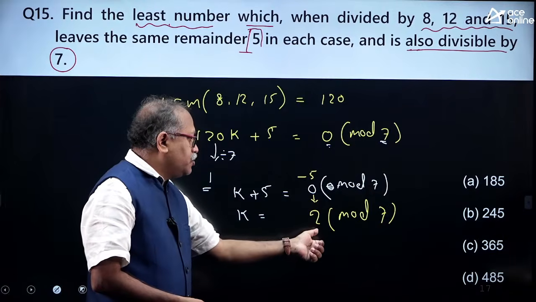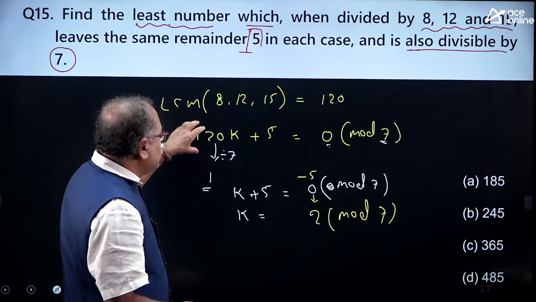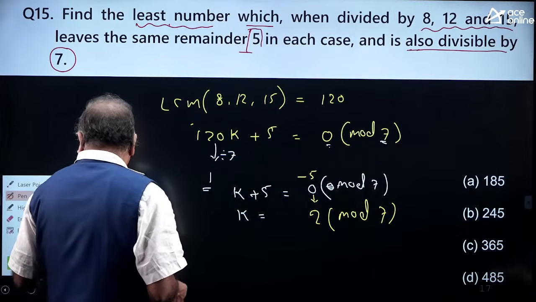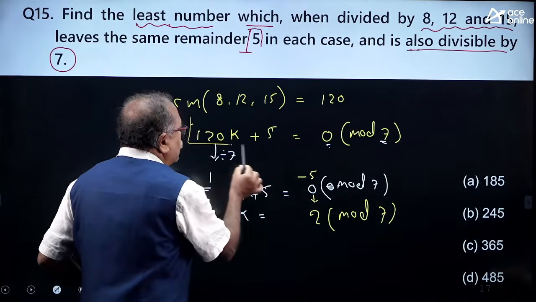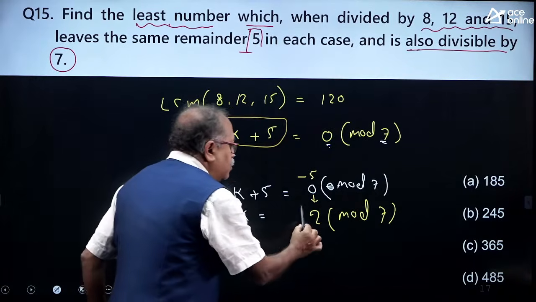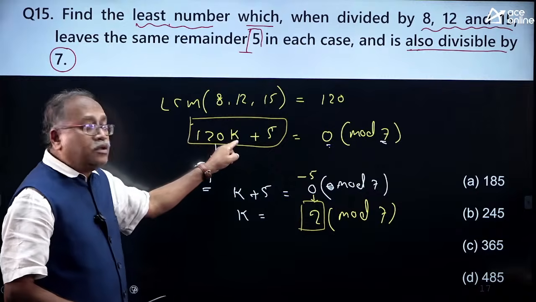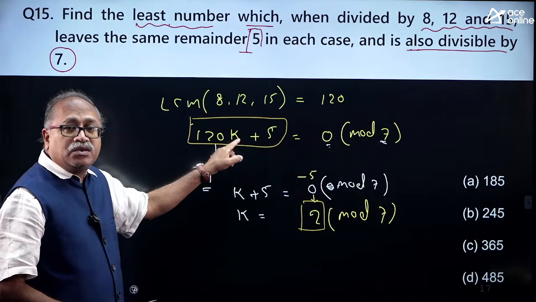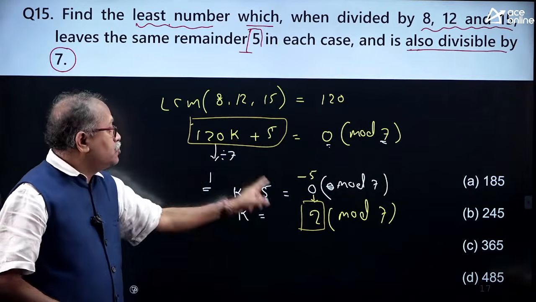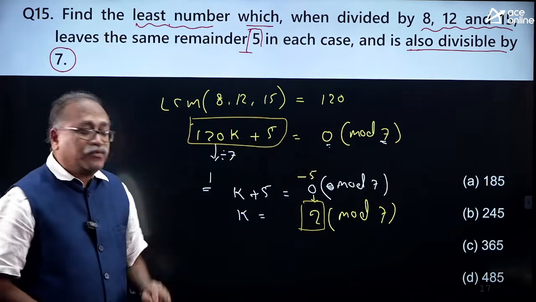So, what is the k value? The k value is 2. I will replace the k value over here. There is a method to answer this particular question. So, I will replace k with 2 in 120k plus 5. 120 into 2 comes 240, plus 5, 245.